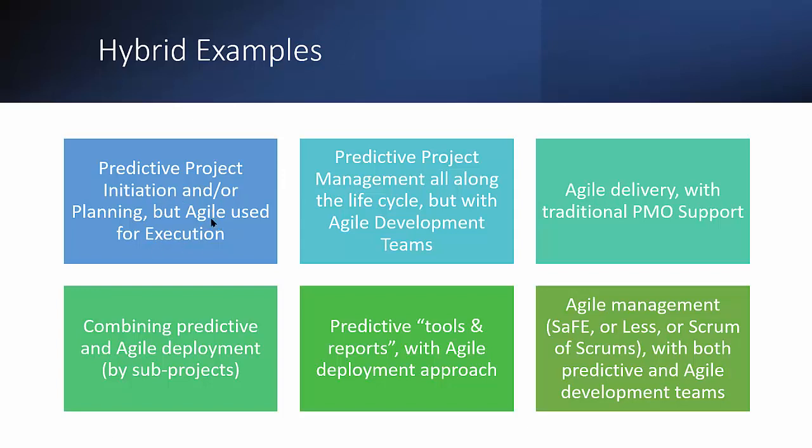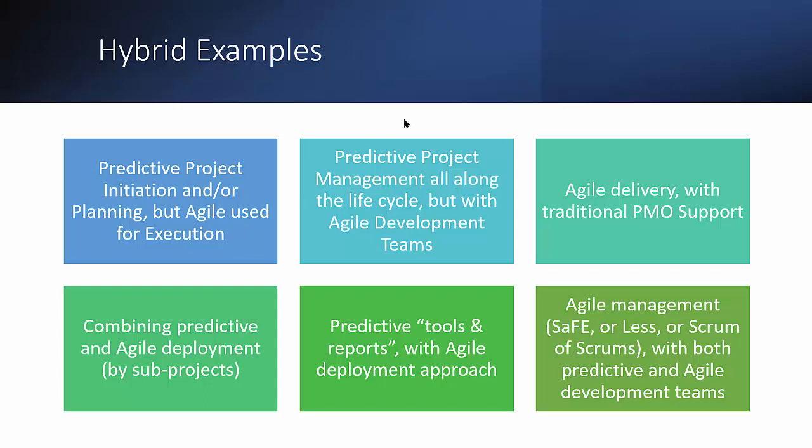The plan is well made, is detailed, but then we break it down into small sub-projects, and each project is run by a Scrum team, and we roll out the execution using Scrum. That's one quite common hybrid approach.